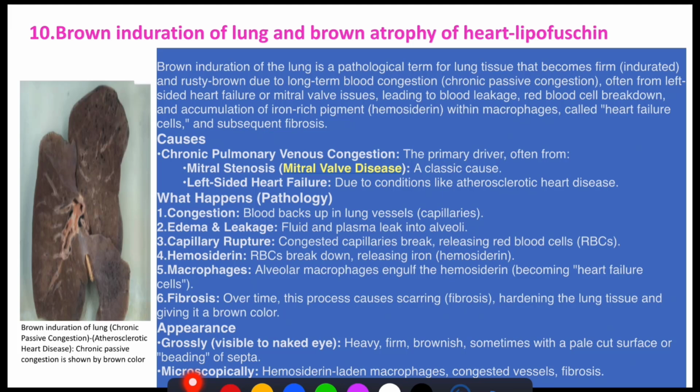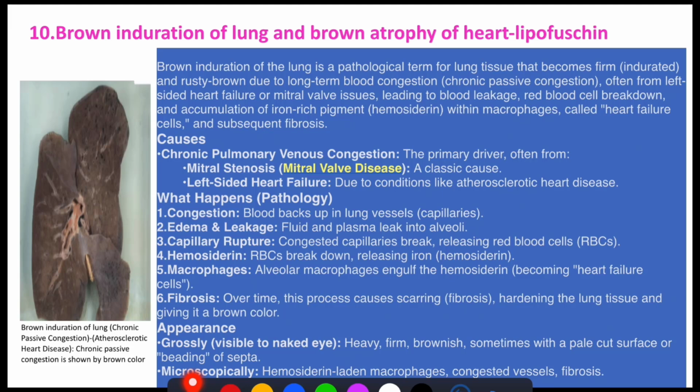According to the normal circulation, the lung parenchyma gets blood from the right atrium and right ventricle, and after oxygenation this blood will go to the left atrium and left ventricle.